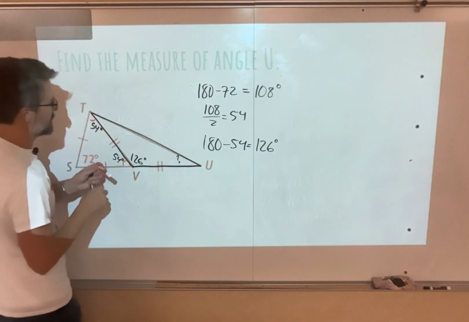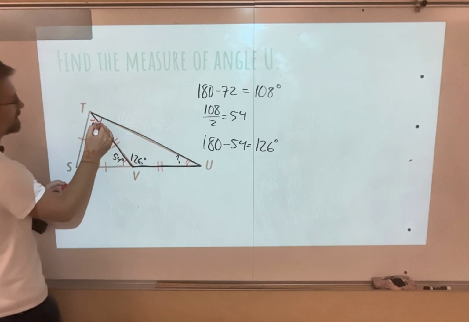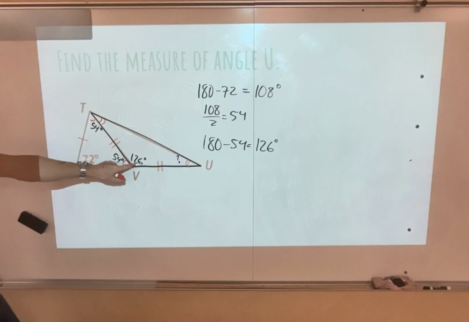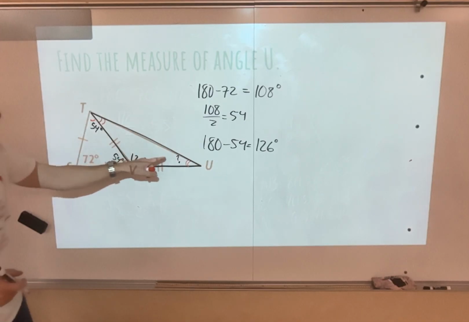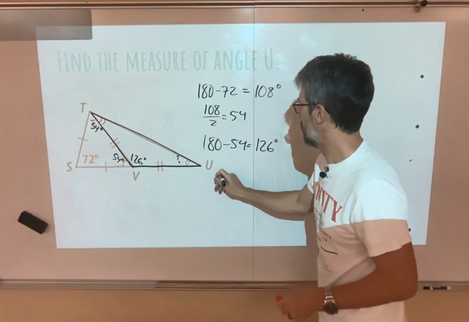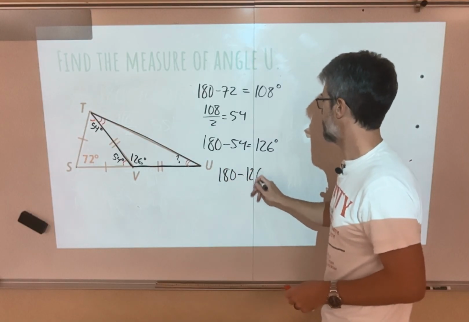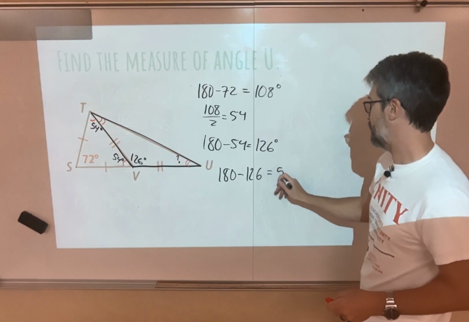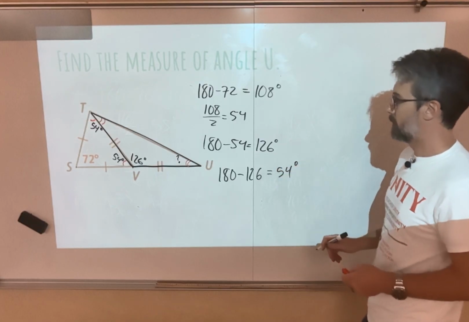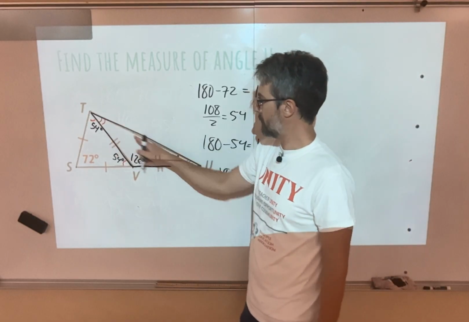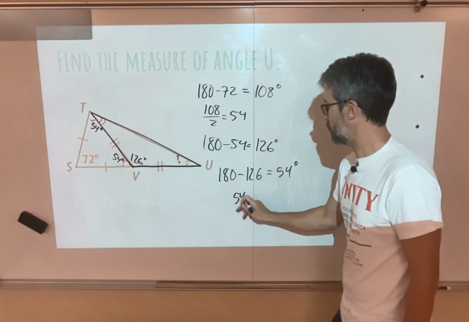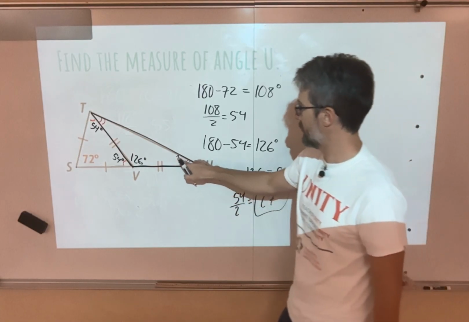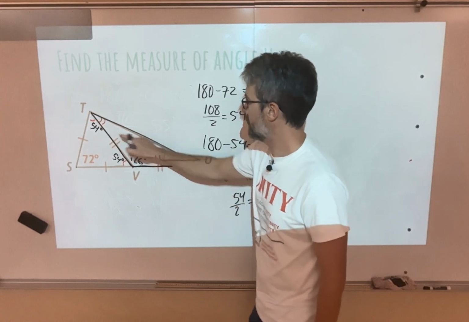That means my angles here at U and here are equal to one another, are congruent. Well, it's isosceles. I've got 126 degrees used up here. How much is left to split between those two angles? 180 minus 126 is 54 degrees. Well, that's 54 left to split between these two. So if I do 54 divided by 2, my final answer is 27 degrees. This angle here is 27, same thing with that angle.